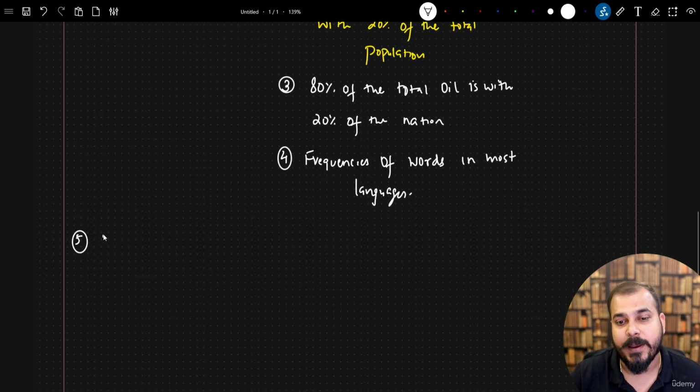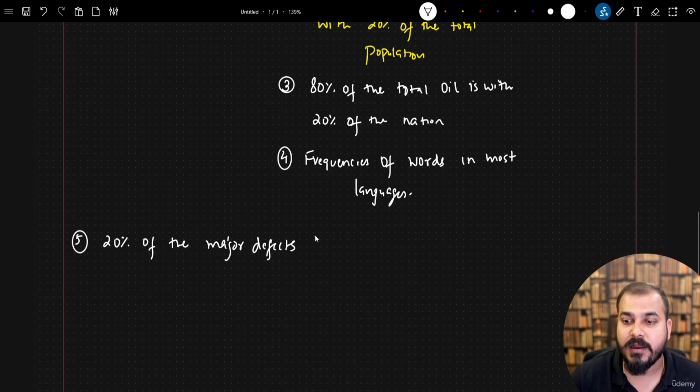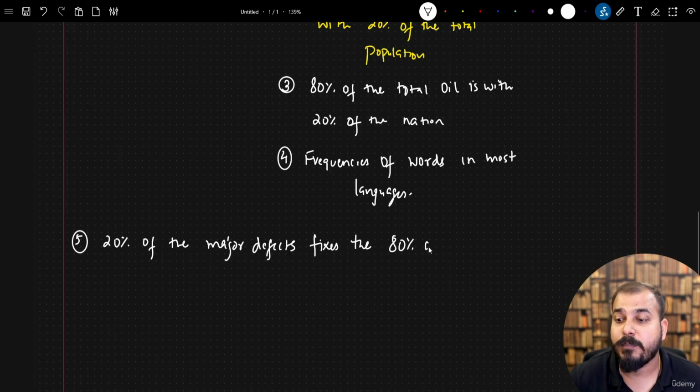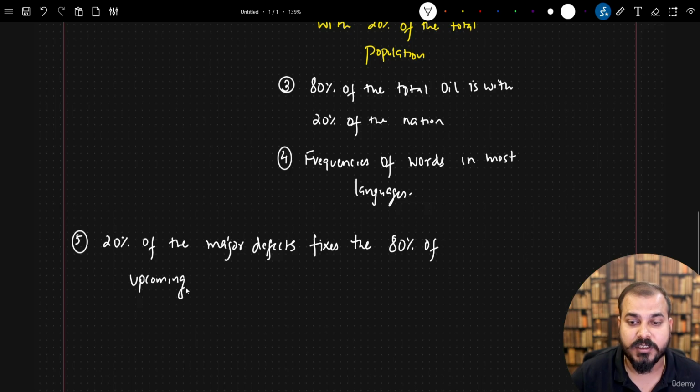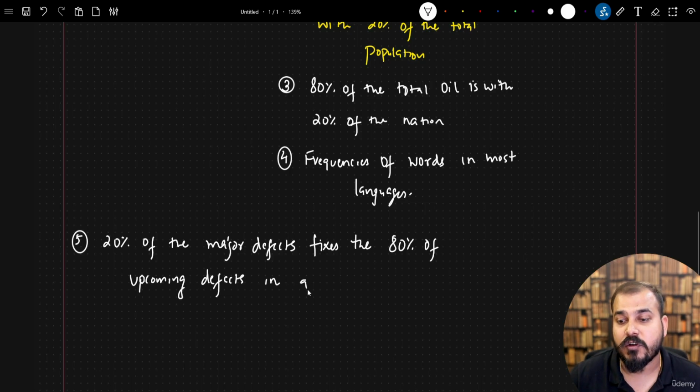We can say that 20% of the major defects cause 80% of upcoming defects, because of these 20% defects, other defects may also get raised in a software product. So this can also be a perfect example.